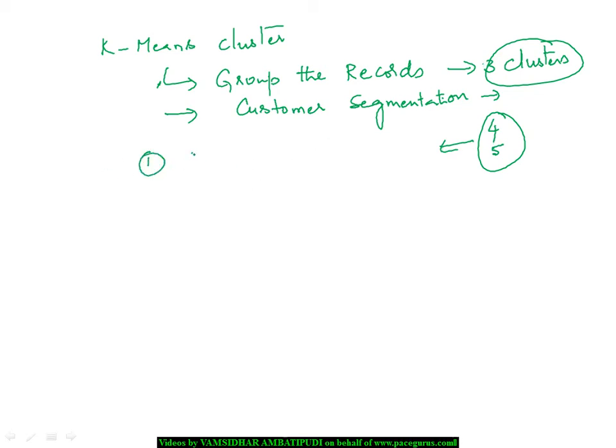One, look at the distances between the clusters. If the distances between the cluster centers are very high, then probably the groupings are more appropriate, but otherwise there may not be a goodness in the grouping.